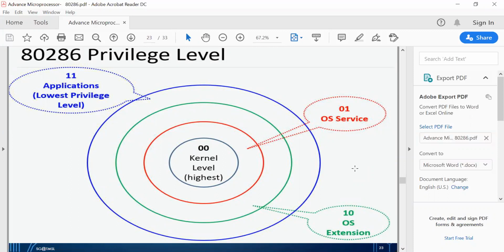In this case, level 0 is the kernel level, which has the highest privilege, and level 3 is the application level, which has the lowest privilege. The privilege level provides protection within a task.